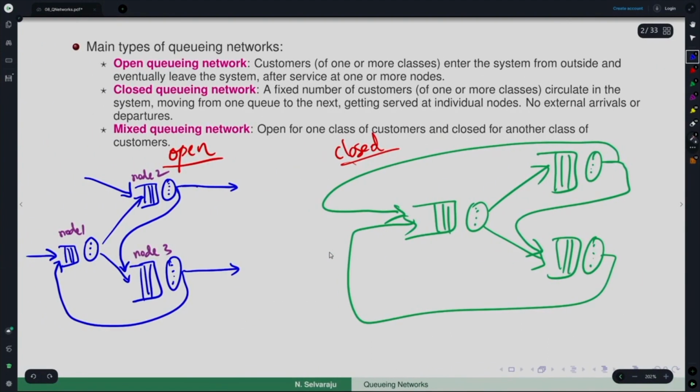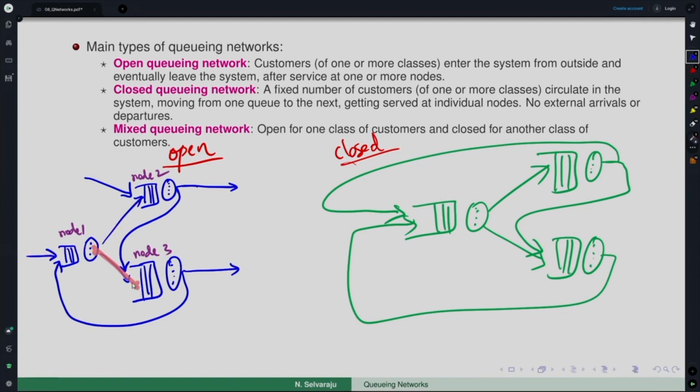You could have a scenario, say for example, even in this particular case, where we depict the arrival as happening here, but the arrival could really consist of two classes. The first class, after completing service here, will move to node 2, and the second class, after completing service here, will move to node 3.